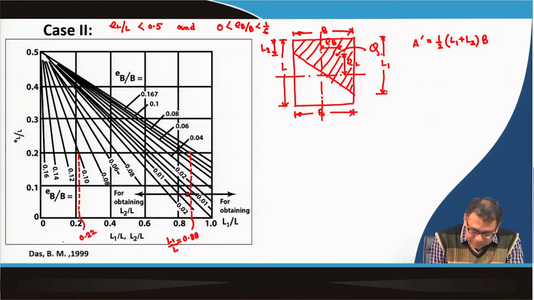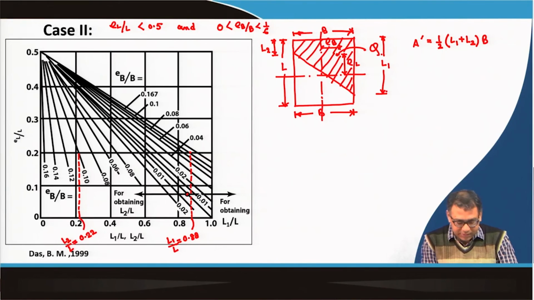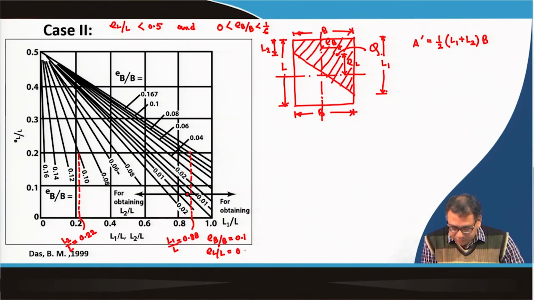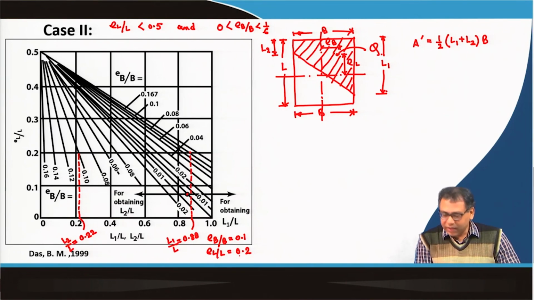So, that will give me L2 by L. This way I will get L1 by L and L2 by L. Now, these two values are valid if I have considered EB by B equal to 0.1 and EL by L equal to 0.2. Then this way I can calculate L1 and L2.